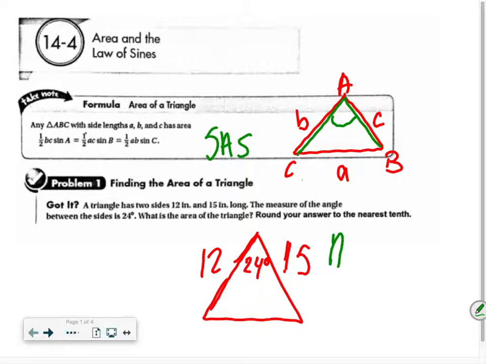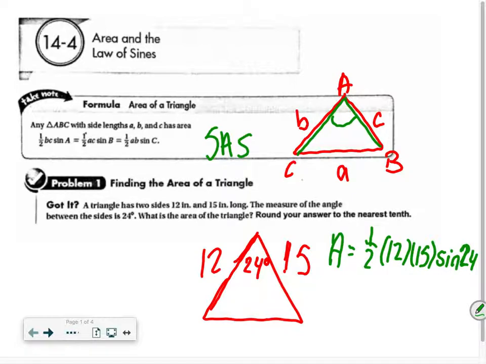To find area, all I have to do is take half times my sides. What are my side lengths? 12 and 15. And then times the sine of my angle, which is 24. So half of our sides times the sine of our angle.